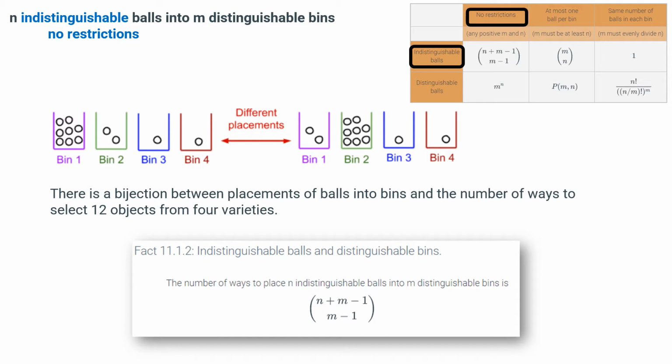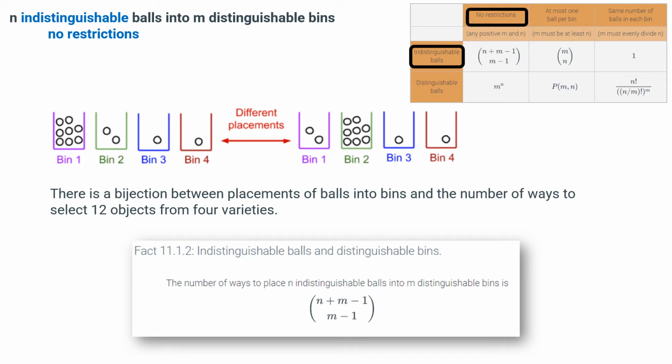And that's how we originally came up with this formula. So if you remember that you have a bijection to the code word, you could think it through using those code words, and you would come up with this formula.